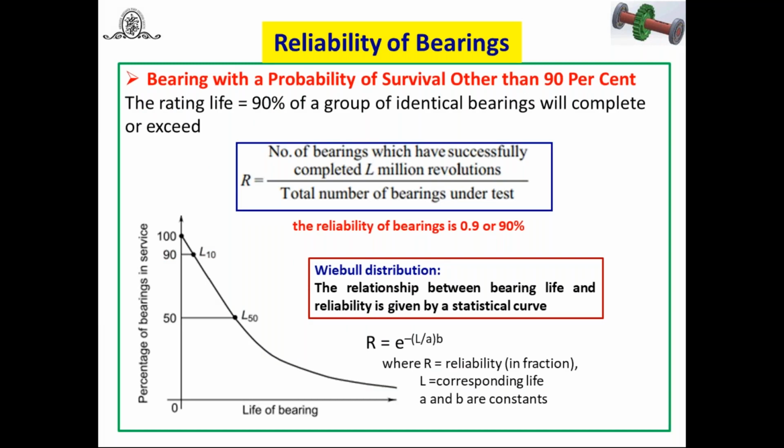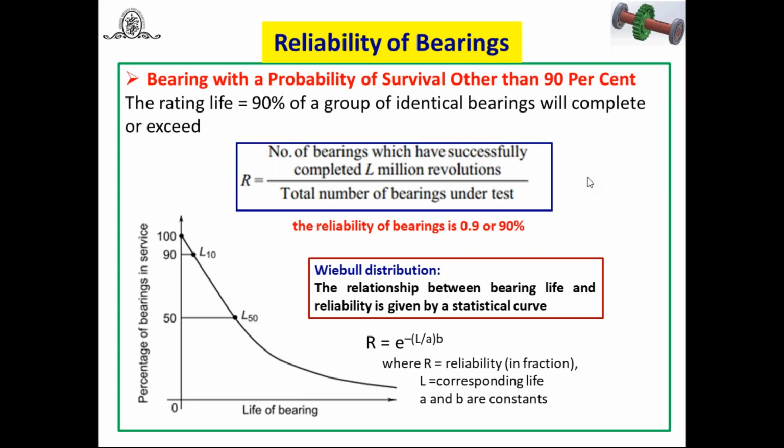Then another important point related to bearing is the reliability of the bearing. In other terms, you can say probability of survival of the bearing. So what do you mean by reliability of the bearing? Generally, we have defined the life in terms of L10 life.